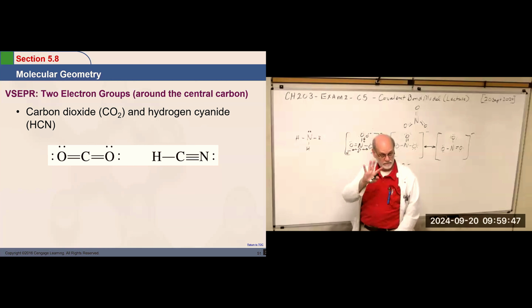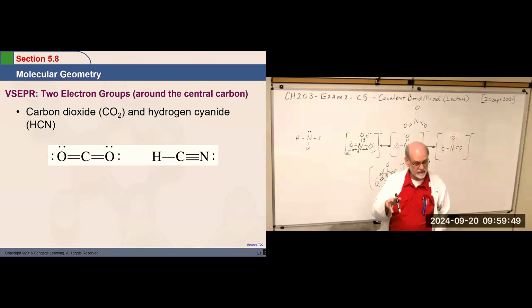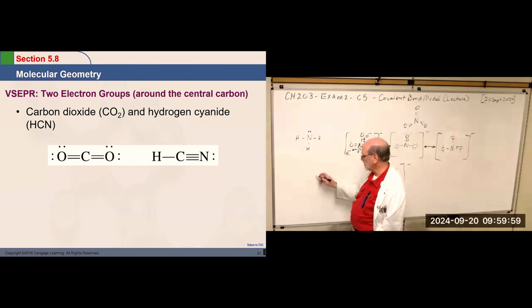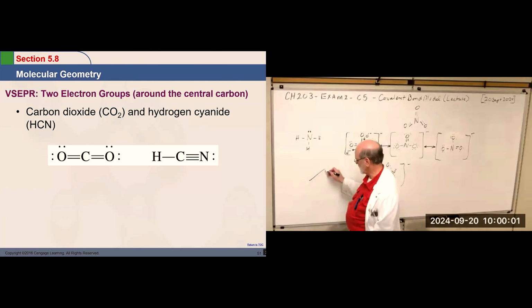We have 4, right? 3 bonded, 1 non-bonded. So 4 is the best regular arrangement for 4 is a tetrahedron. You have a triangular base. Let's say maybe like this, that, and then you have your nitrogen in the middle, and your hydrogens here, here, and the lone pair up here.